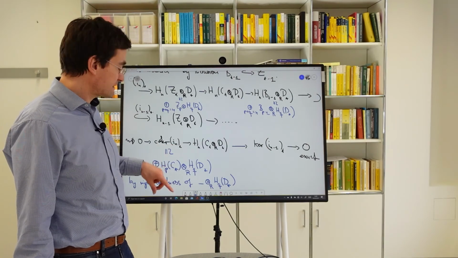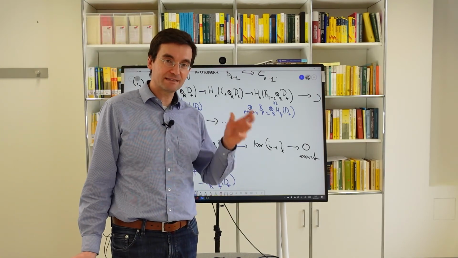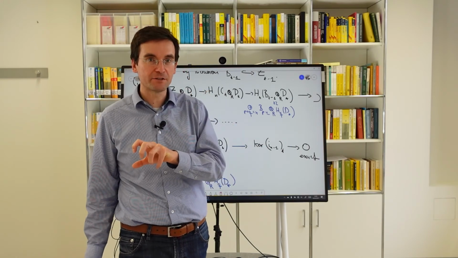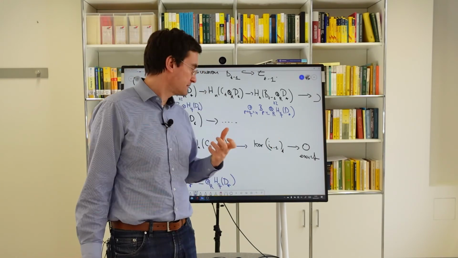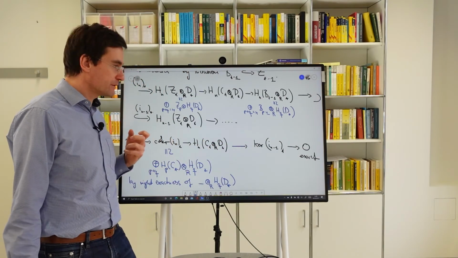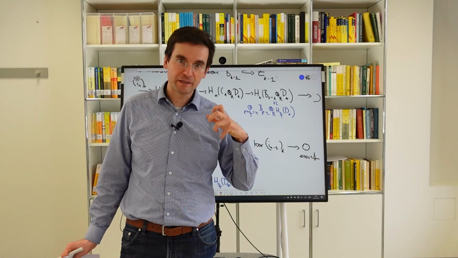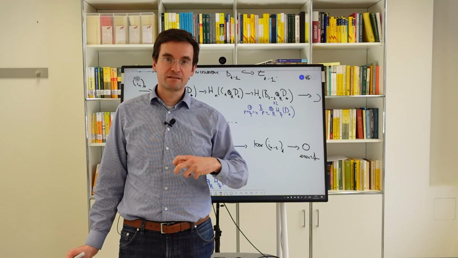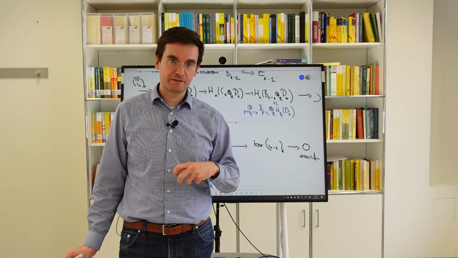But the tensor product is right exact. So it doesn't matter whether you first take the co-kernel and then tensor, or you first tensor and build the co-kernel. Therefore, we could also first take the co-kernel of the map induced by the inclusion of the boundaries into the cycles, and then take the tensor product with the homology of D star.